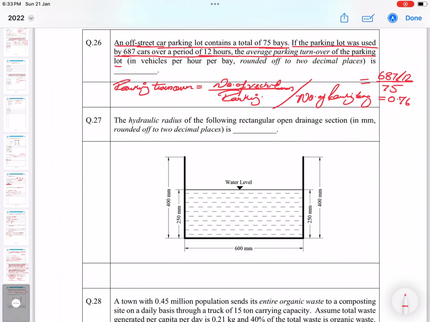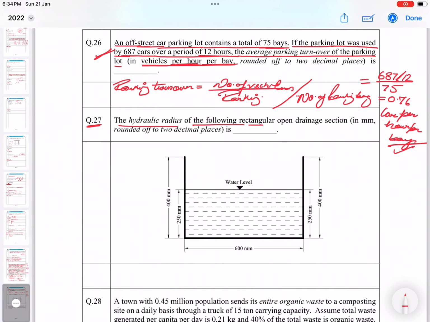After calculating, it gives us 0.76 car per hour per bay. And if you ever get confused, they have already given the unit here, vehicle per hour per bay. So you can get the answer from this as well.